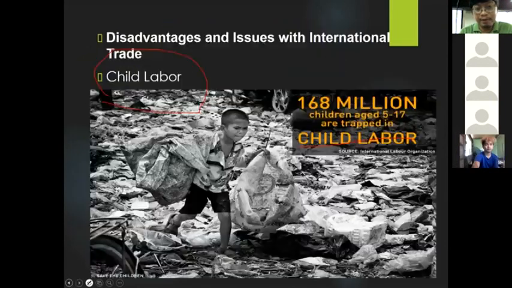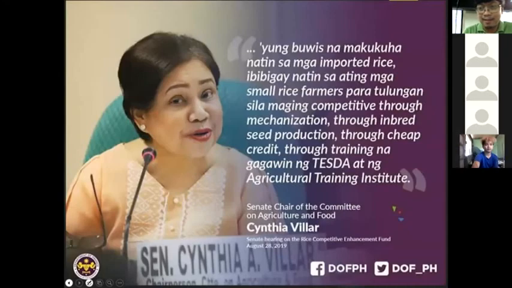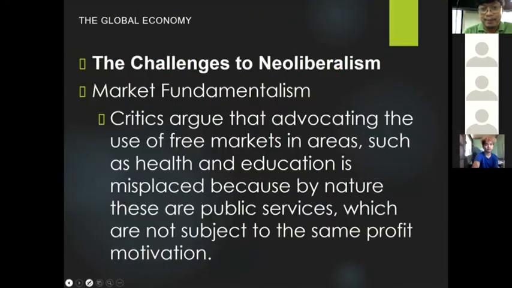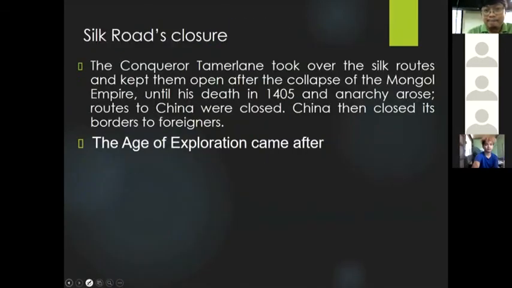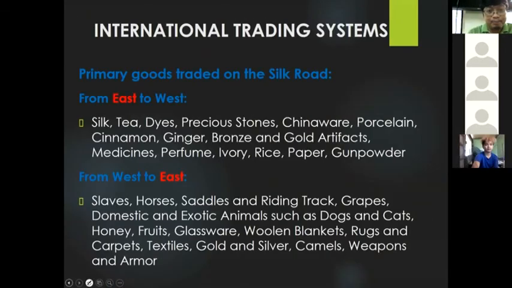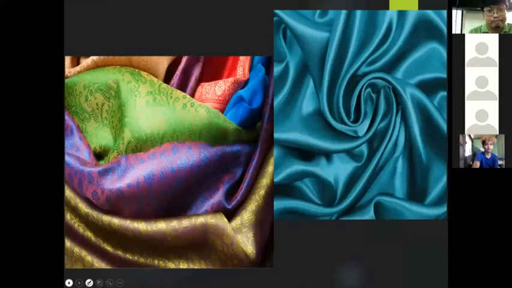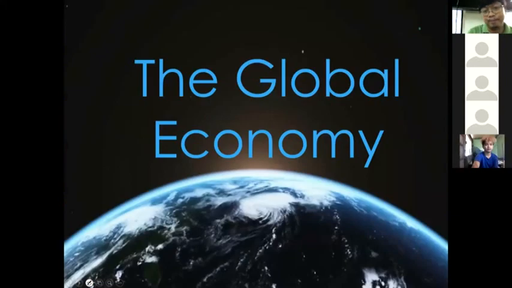Okay, can we have a recap? Mag-recap tayo kasi last slide na yun. Okay. So international trade, this is the continuous exchange of products between different countries of the world. Silk Road, na-discuss natin ang Silk Road.